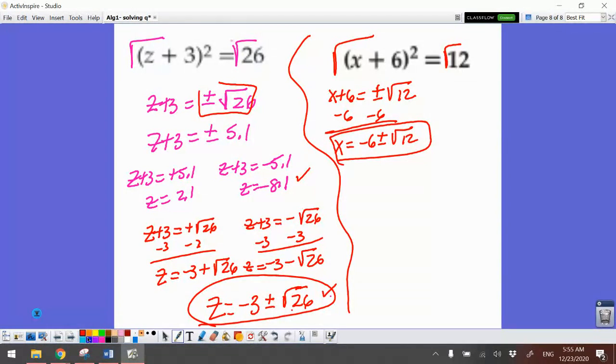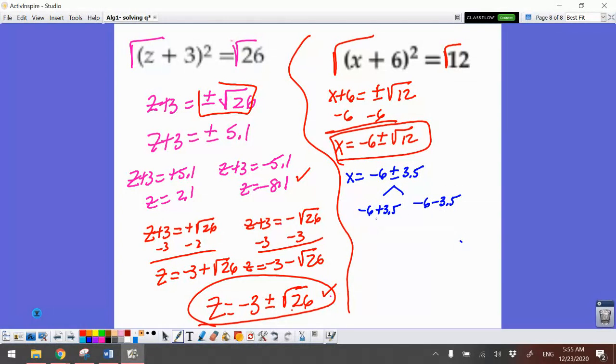And to be able to get the decimal, I'm going to take the square root of 12, which is 3.5. So x equals negative 6 plus or minus 3.5. And I'm going to break that up. So negative 6 plus 3.5, negative 6 minus 3.5.